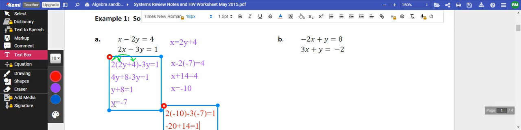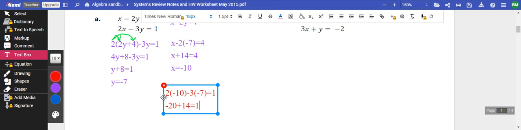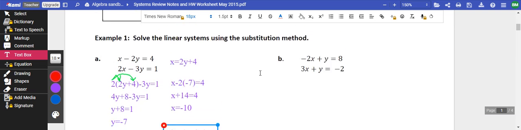And then we're going to take -7 and plug it into x. And we do get positive 14 equals 4. Let's see, did I plug these into the right spot? Oh, 3 times -7 is 21. There we go. See? That's why checking is important.